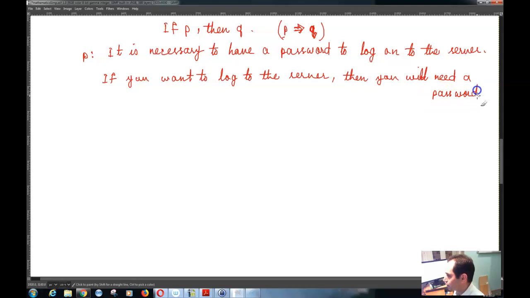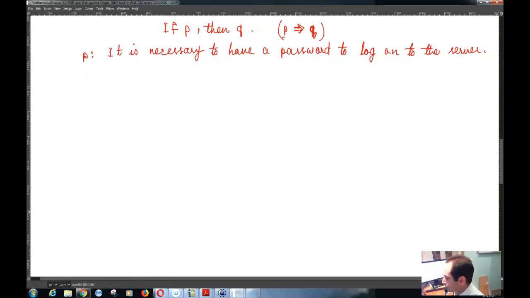That is a necessary condition. They have written it as if you log on to the server, then you have a password.